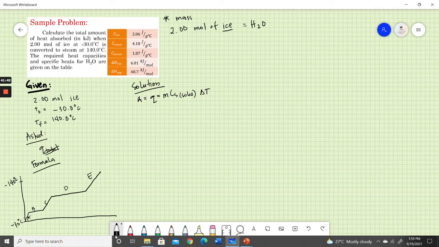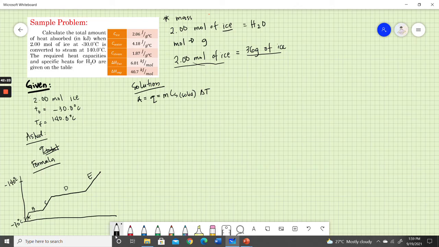So we have to change this mole into grams. Later in our class, I'll show you how to do that. But for now, 2.0 moles of ice is equal to 36 grams of ice. I'll show you how to do that in our next lesson. On your homework, I'm not going to make you do this. I'm going to give you these, so don't worry about that.